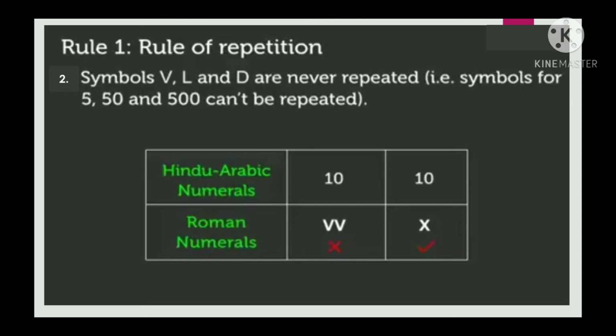Now, the second one is the symbols V, L and D can never be repeated. That is, symbols for 5, 50 and 500 can't be repeated. This means we do not write 10 by repeating V but as X.